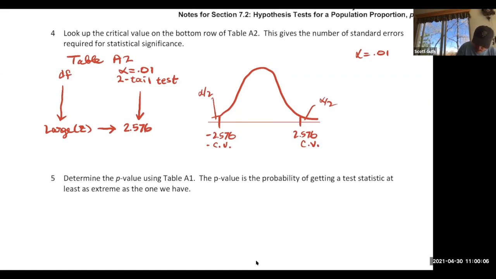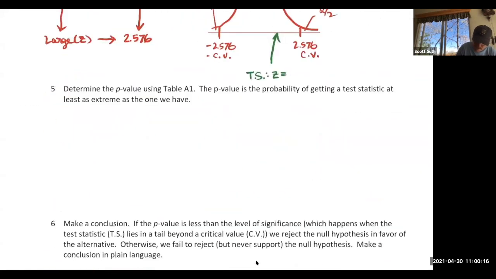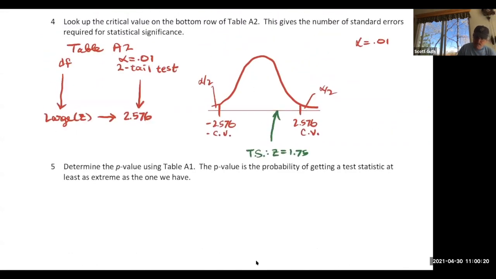What we got was right here, our test statistic was Z equals, I think we said again, 1.75. So it's not significant because it didn't make it out to what we said it had to be. Any questions?